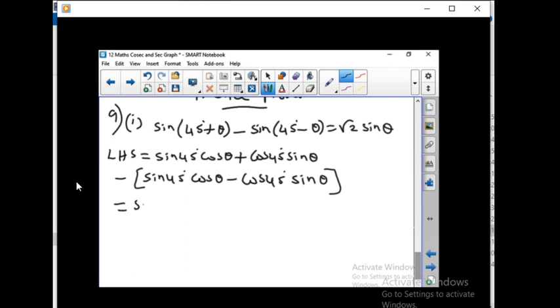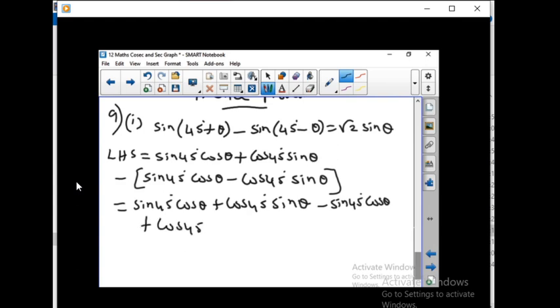So now first two terms remain the same, sin 45 cos theta plus cos 45 sin theta. Then for the other terms take minus inside, so sin 45 cos theta plus cos 45 sin theta.